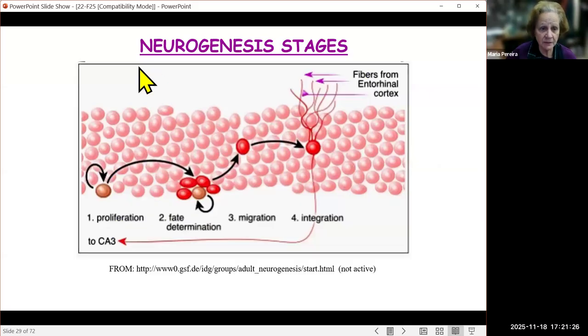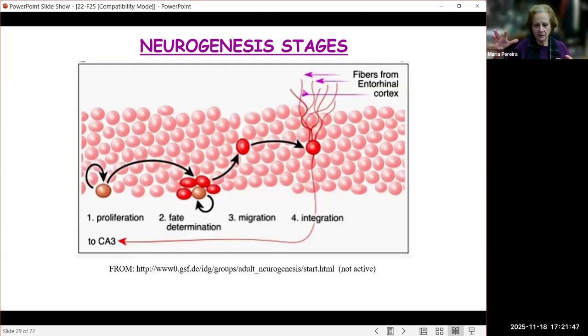And you see what happens, the process of neurogenesis, the formation of new neurons. This is very complicated. Okay, so you might have new neurons being formed, but then they have to reach the specific site. And not only that, they have to make connections with the specific neurons.